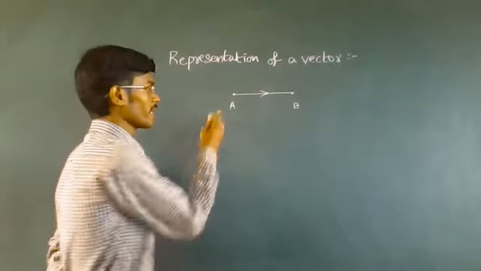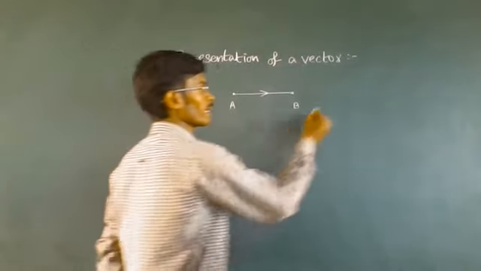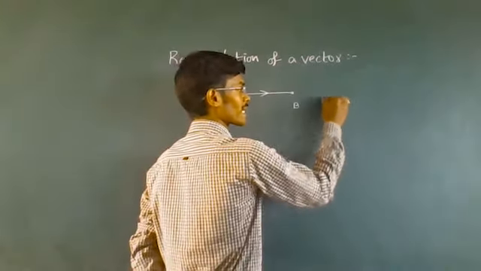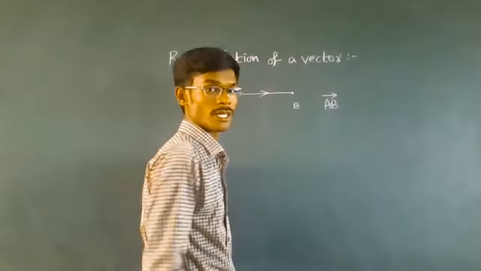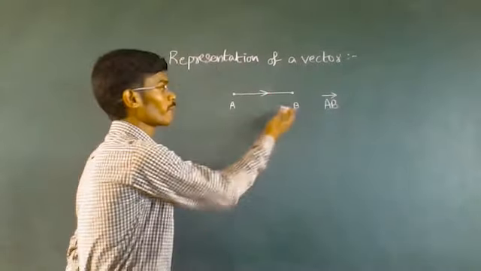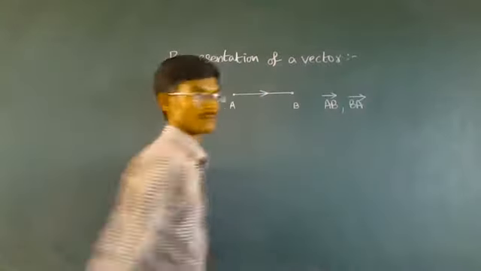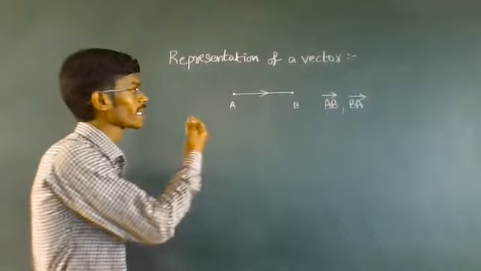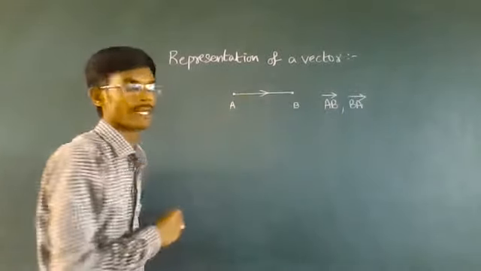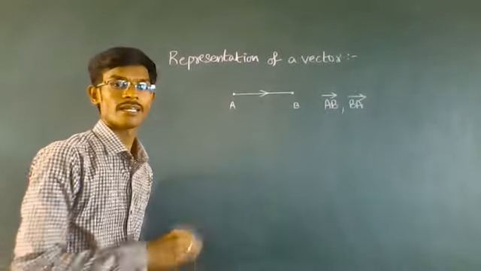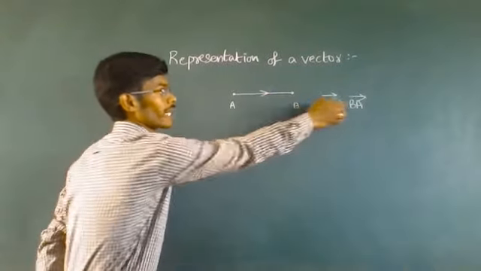See here, if the person is moving from A to B, this directed line segment can be written as AB bar. Suppose the person is coming from B to A, then this directed line segment can be written as BA bar. The same way we consider a directed line segment, we will represent a vector with the same line segment process.